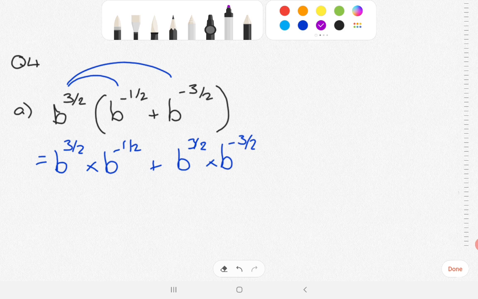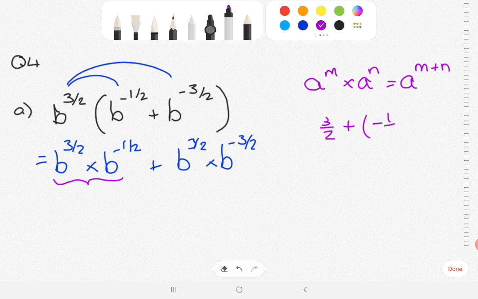Now, we've revised this already during lockdown. If we think back to our indices rules, we know that rule 1 is a to the m times a to the n is a to the m plus n, or when we're multiplying, we add our powers. So if we look at this part here, when we are multiplying, we're going to add the powers, so we're doing 3 over 2 plus minus a half.